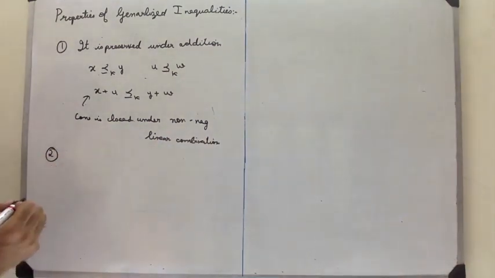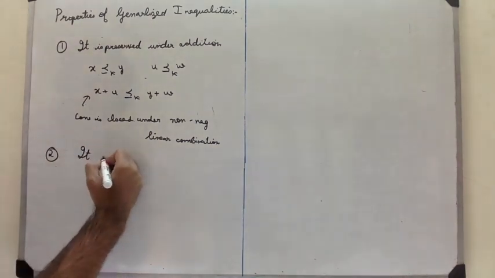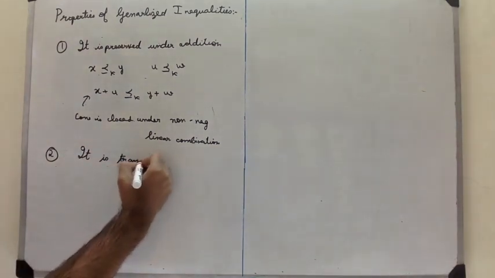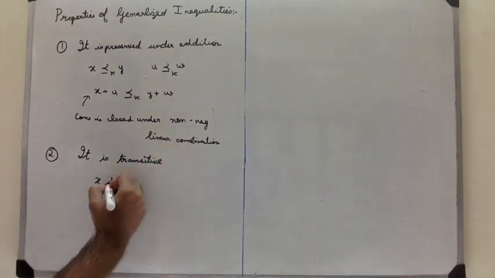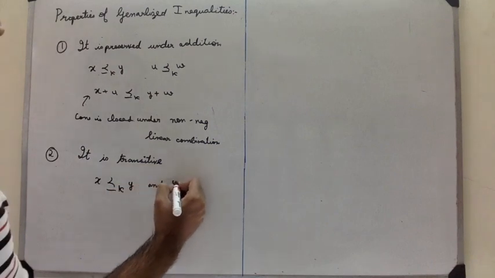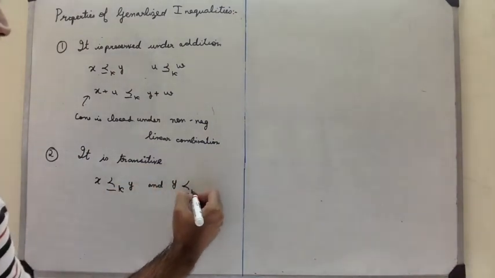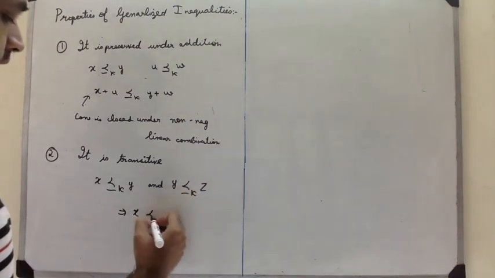Second property is that it is transitive. This means that if x is less than or equal to y and y is less than or equal to z, then x is less than or equal to z.